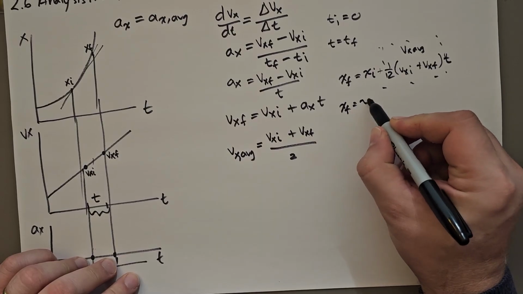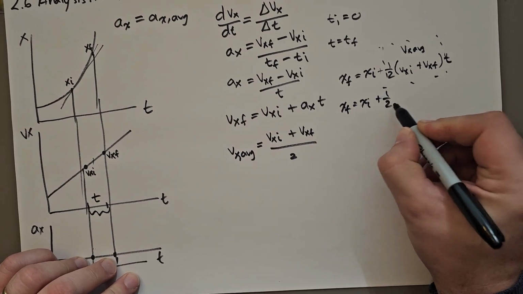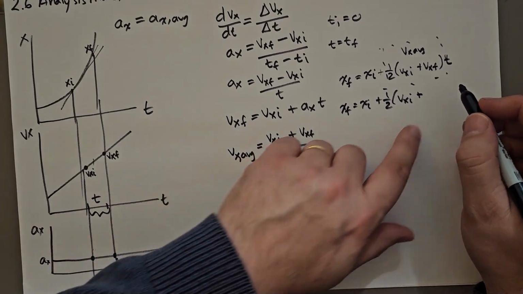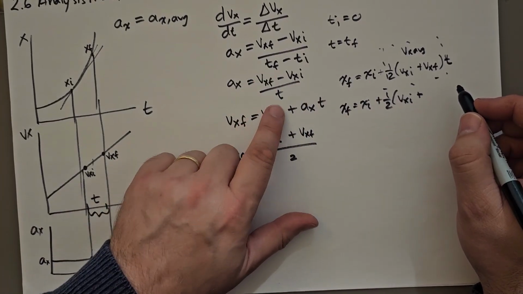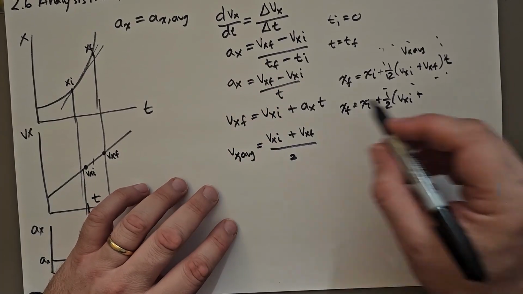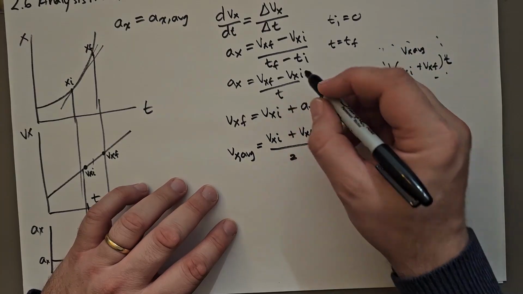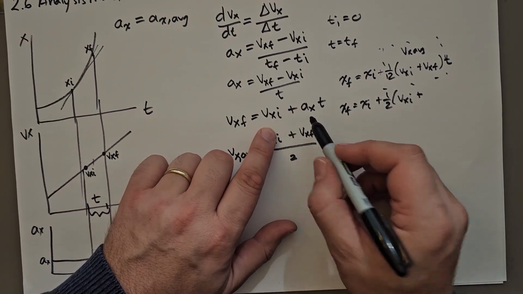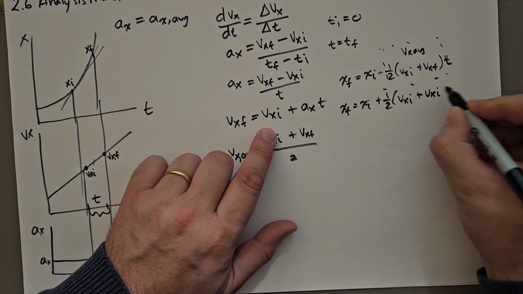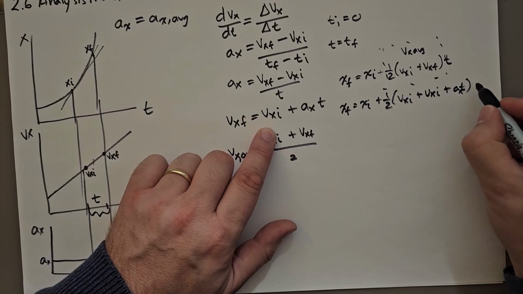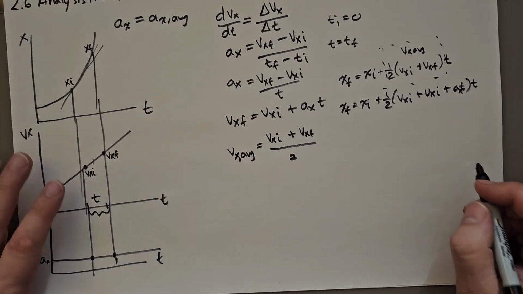So let's substitute in the final velocity. The initial velocity plus, we calculate the final velocity given the initial velocity here. We can manipulate this equation around. The final velocity is going to be equal to the initial velocity plus a sub x times t, and that's times t.